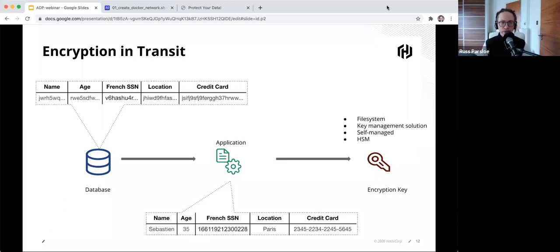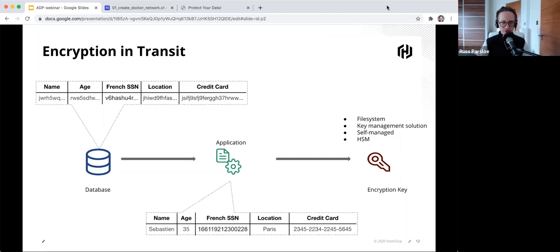Encryption in transit, again, works in a similar way. So, as an application, we write data to the application. As Sebastian is entering his details, I don't want to store things inside of the database as plain text, because even if I'm using transparent data encryption and the data being written to disk is encrypted, my database is still subject to some kind of SQL attack.